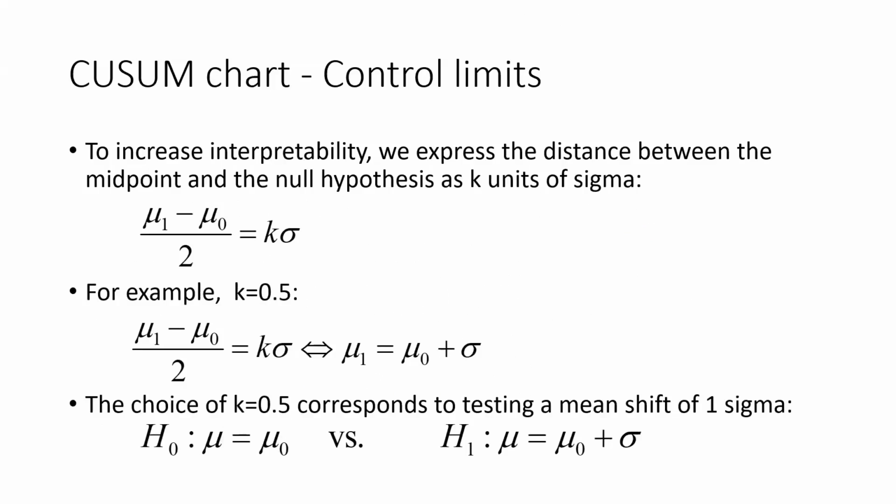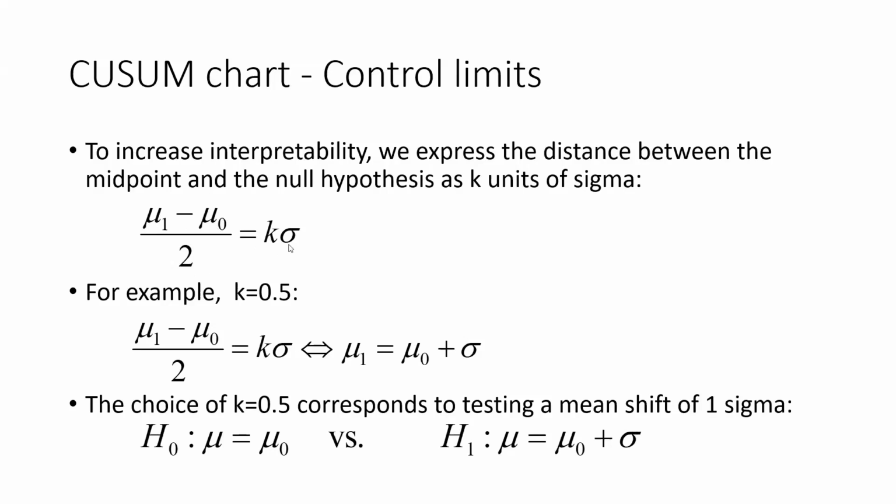To make it a bit more interpretable, we reparameterize this now as a function of sigma. What are we trying to make interpretable? We have to choose what the mu1 should be. What should the alternative be? And of course, you can make up numbers out of the clear blue sky, but it would be nice to have an idea of what it means. So we are parameterizing the midpoint halfway between mu0 and mu1 as a multiple of sigma now, because sigma means something to us.